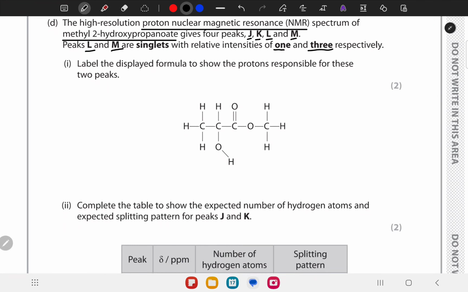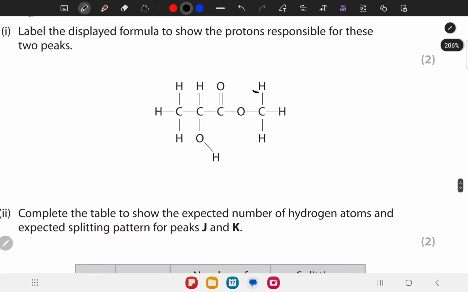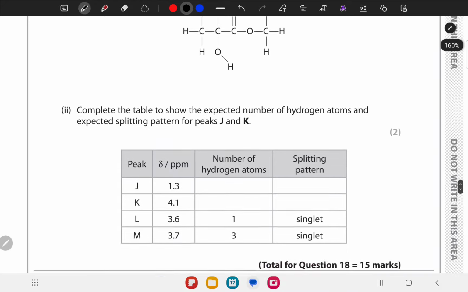The singlets, if there is a hydrogen with an oxygen, so OH, this hydrogen will give a singlet peak, and singlets will also be produced by a carbon whose neighboring carbon has no hydrogen on it. So this will produce a singlet since it's with an oxygen. These 3 hydrogens will also produce a singlet because the carbon is joined with the oxygen which has no hydrogen on it.